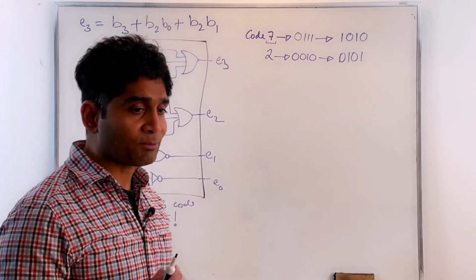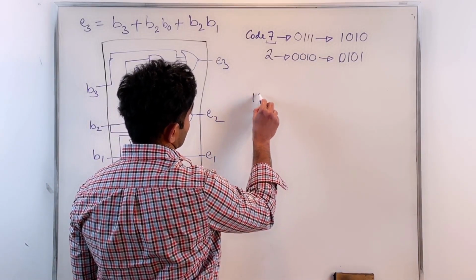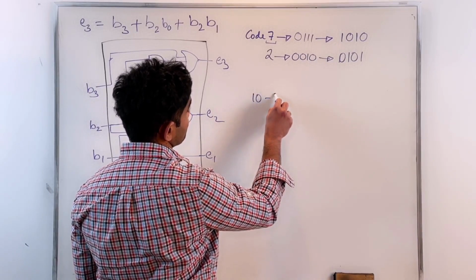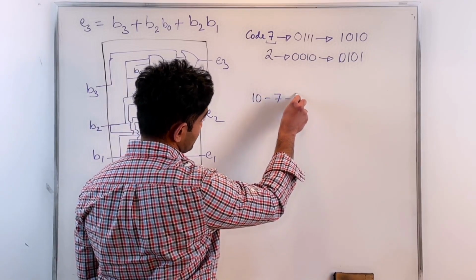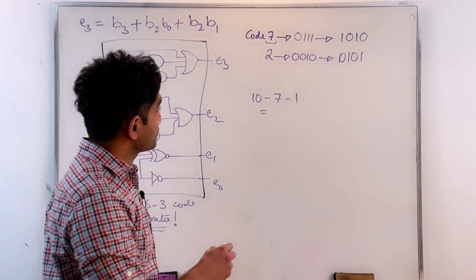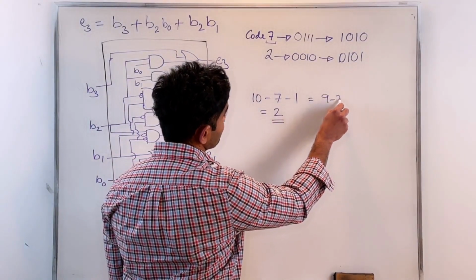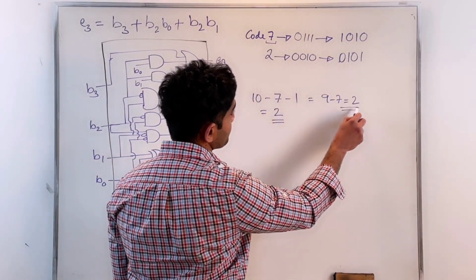That's how you find the ninth complement of 7. Subtracting 7 from 9, or by the definition, basically 10 minus 7 minus 1, right? Which is 2. Or you can say this is 9 minus 7, which is 2.